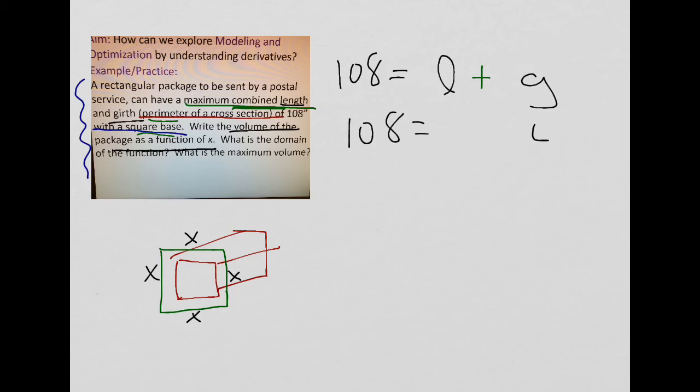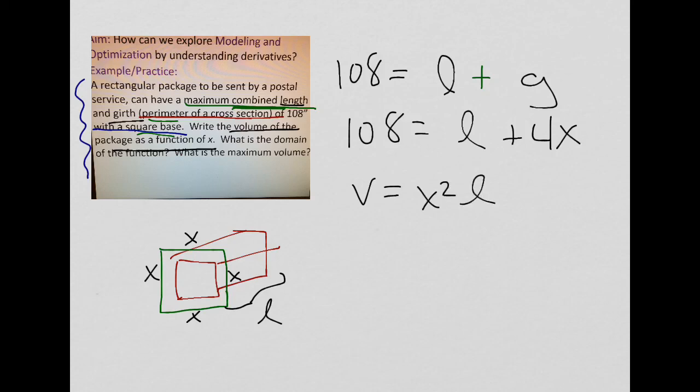So the girth would be 4x, and the length, we could actually keep that as L. It doesn't matter. If you want, you could change that to a Y. Volume would be length times width times height. So according to your diagram, it would be something squared times another variable. This is obviously not a function because once again we have more than one variable.